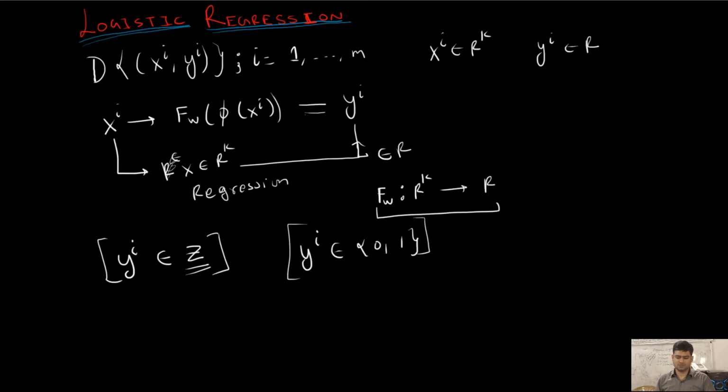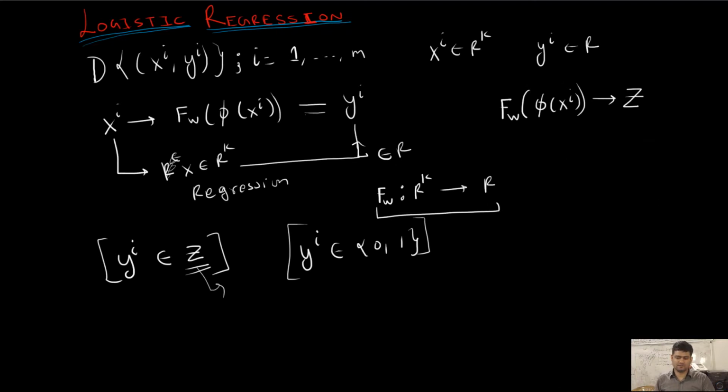So the goal is to learn a functional mapping f, which is parameterized by some parameter w, that takes in xi or some nonlinear representation of xi, and maps it to some discrete values, right?